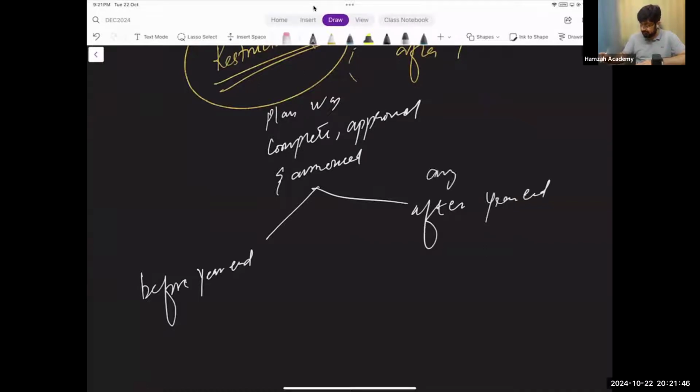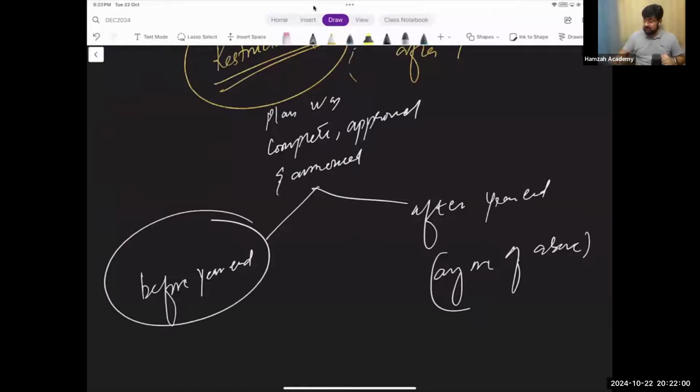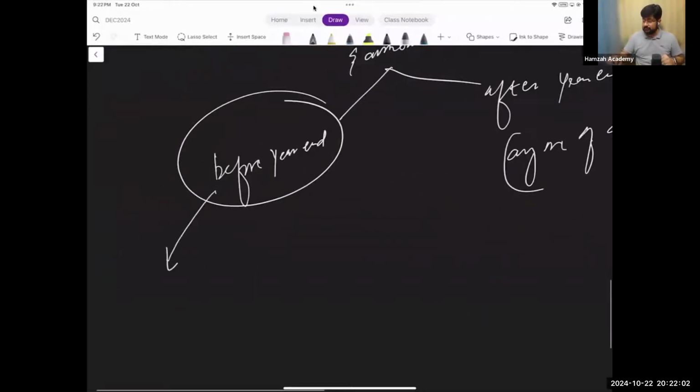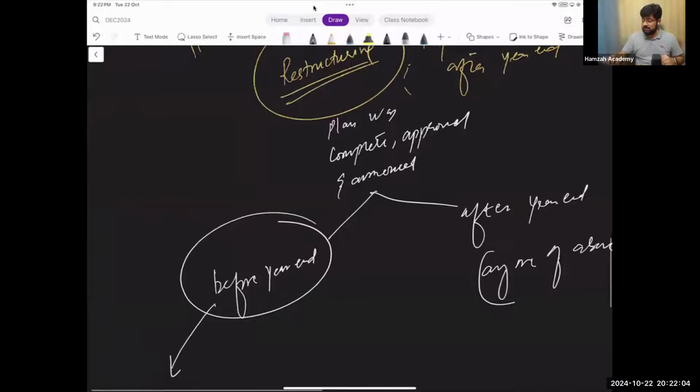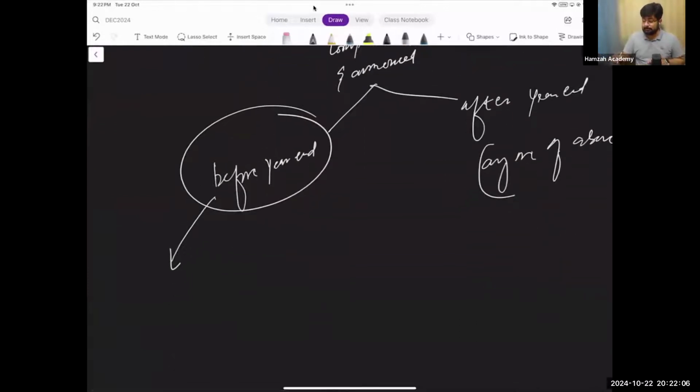Any one of these three: it was approved, announced, or implemented.